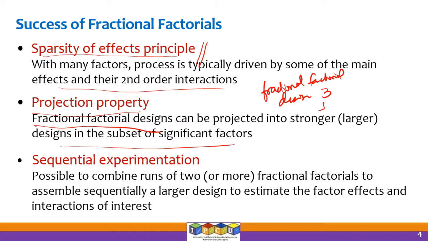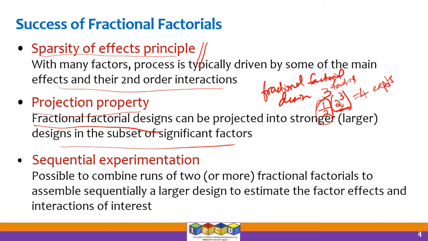So we are doing, let's say, half of 2 to the power of 3, right? So this is the full factorial design. If you have 3 factors, 2 to the power of 3 design is a full 2-level design. And then let's say we conduct only half of that. That means you're doing basically 4 experiments. These 4 experiments will be a full factorial design in a space involving just 2 of the 3 input factors. This is what we mean by the projection property.